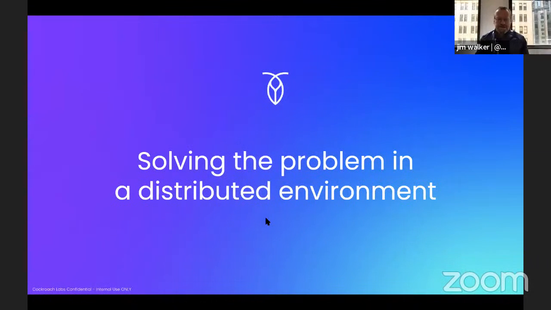So how do you solve this problem in a distributed environment? This is the last bit, and hopefully this is valuable to you as well. I'm going to talk about Raft, and I'm going to talk about multi-version concurrency control and the algorithms that we use to protect ourselves here. I think these algorithms are applicable in lots of ways in how you're developing your own distributed systems, because distributed systems add a wholly other level of complexity, because you have systems all over the world.